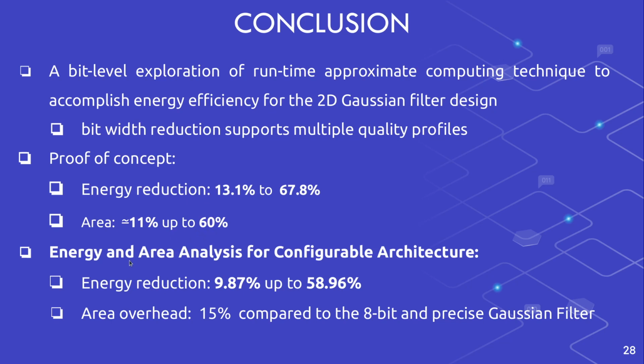And most important here, with our proposed configurable architecture, we have an energy reduction of about 9.87% up to about 59%, with an area overhead of about 15% when compared to the 8-bit precise Gaussian filter.